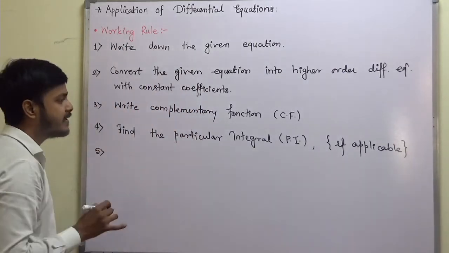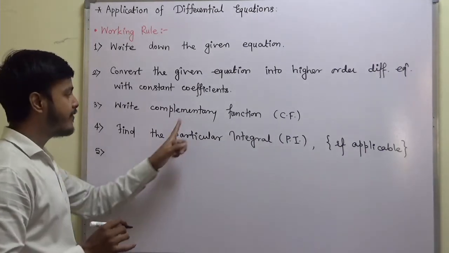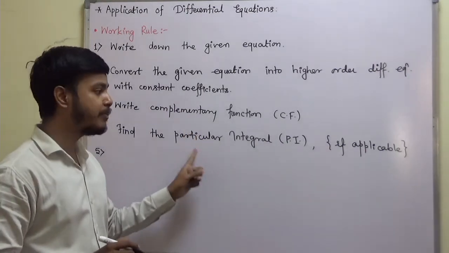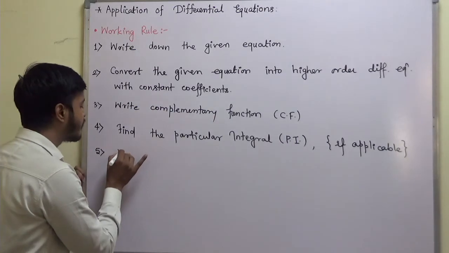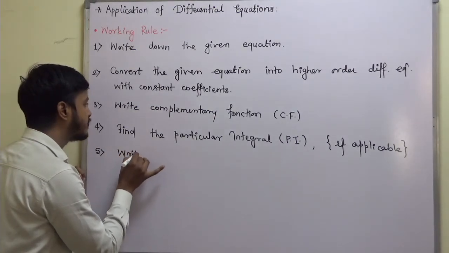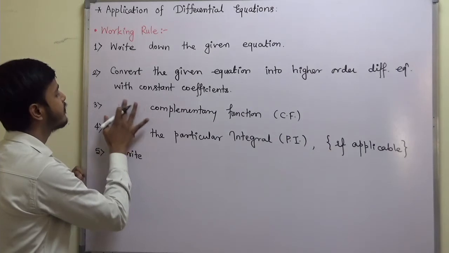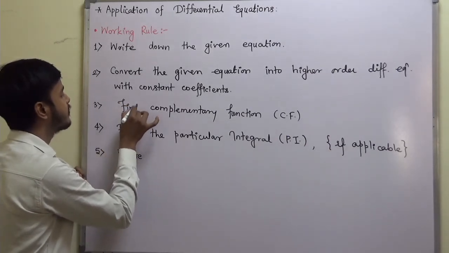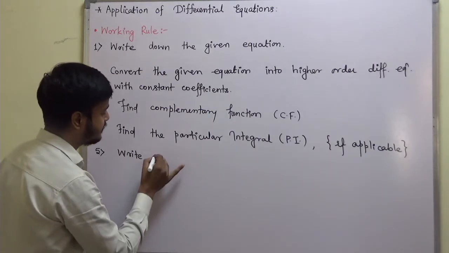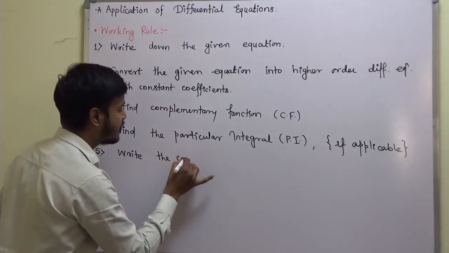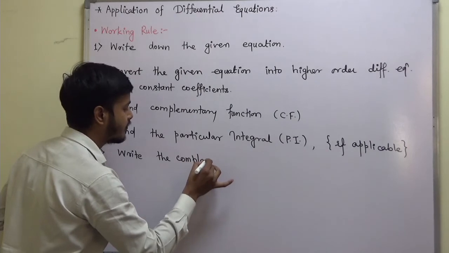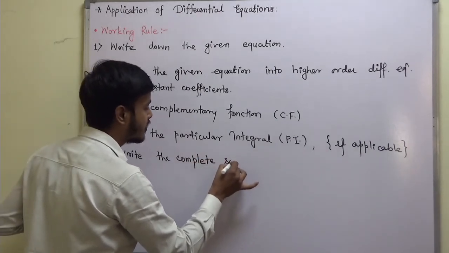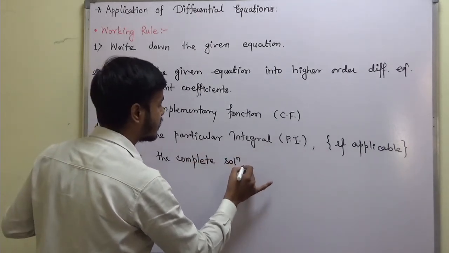The fifth step is, after writing down the complementary function and particular integral, write the complete solution.